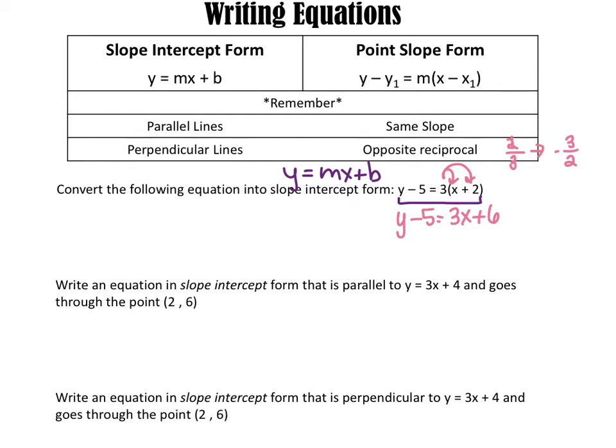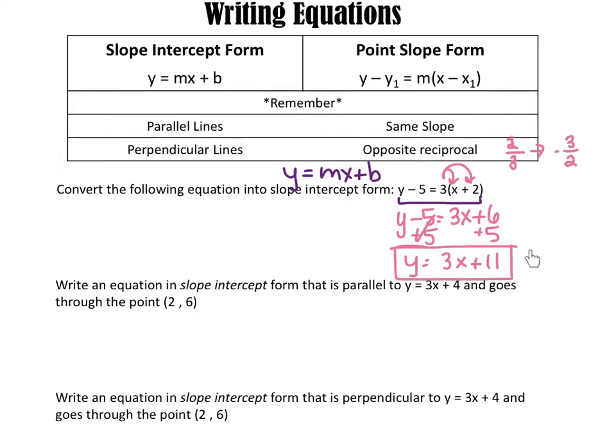And then the last step, get our y by itself. So you do the opposite of subtracting 5. That cancels. y equals 3x plus 11. Okay? So we have the same line, just in different forms.